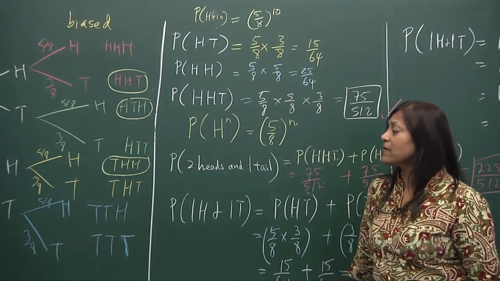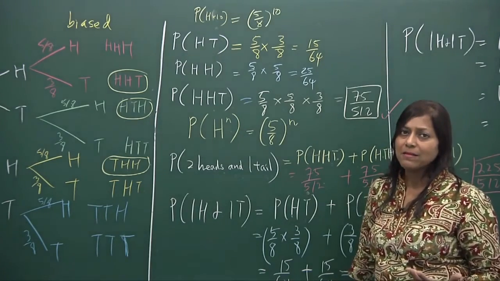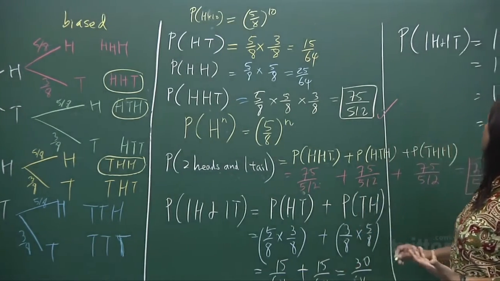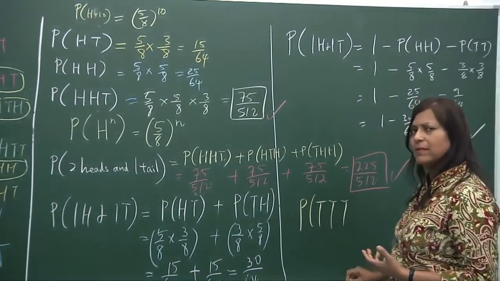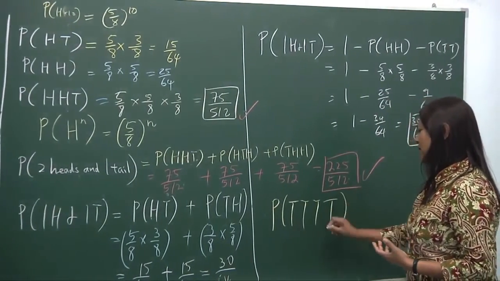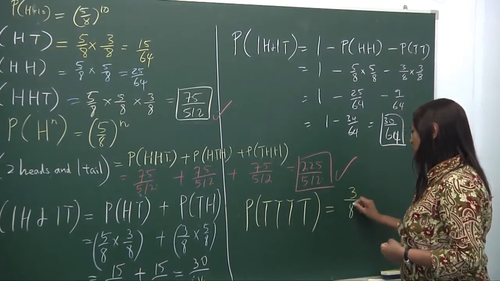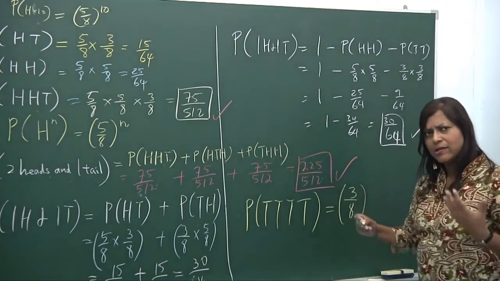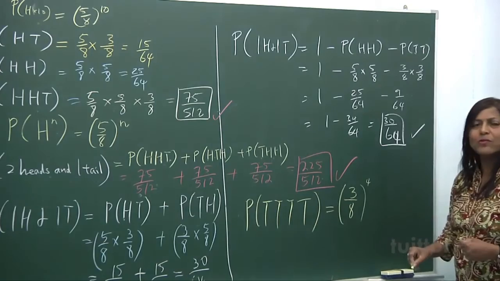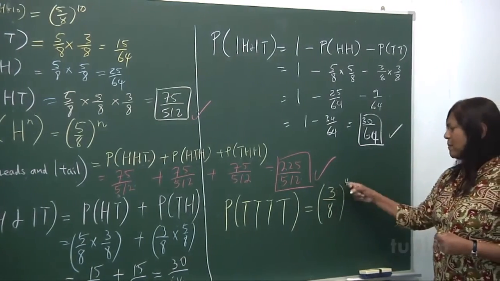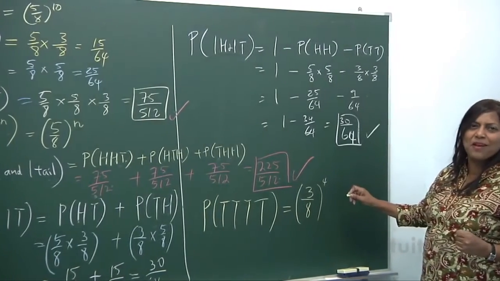So what's the probability similarly of getting a tail n times? Before I go into that, what's the probability of getting 4 tails? Tail to the power 4. The probability of getting a tail is 3/8, so 3/8 times 3/8 times 3/8 times 3/8, power of 4. So that's what you write, 3 to the power 4, power of indices. I'm just getting you to jolt your memory on indices.